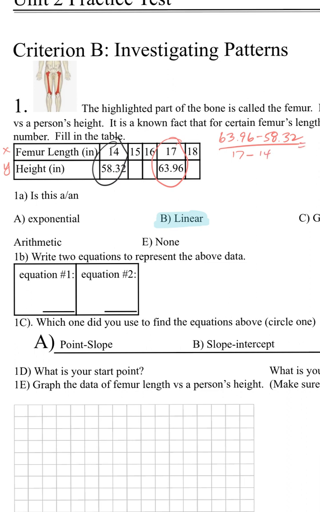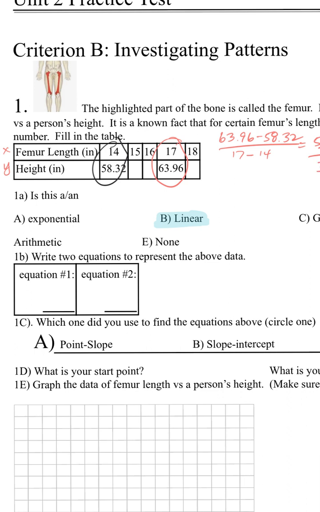On your calculator, you have to retype it. 63.96 minus 58.32 gives us 5.64, and that's all over 17 minus 14, which is 3.